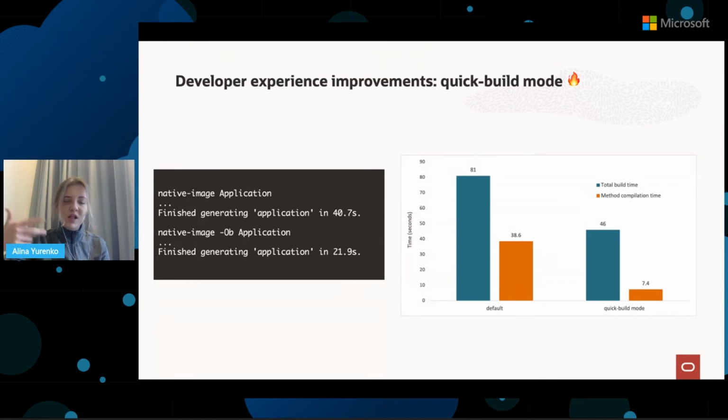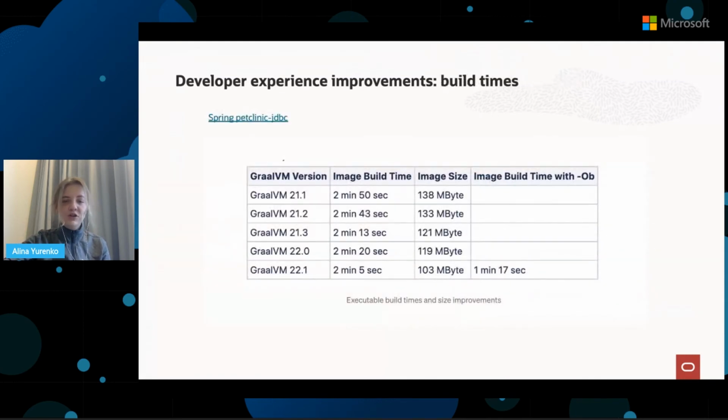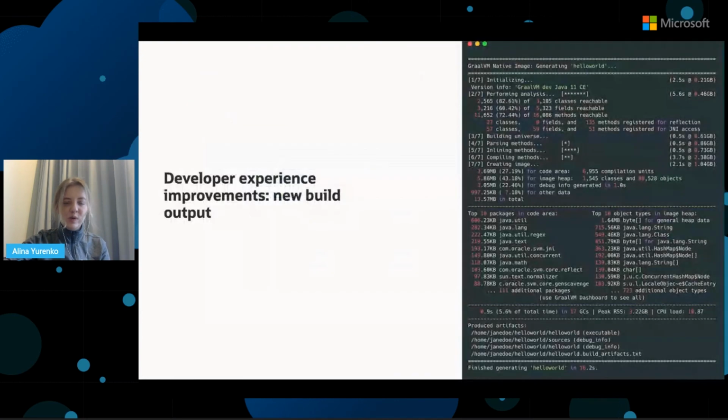But if you are still developing applications, for development purposes this quick build mode is great because you can get your builds to be much, much faster. And on top of that, we are also speeding up the default build times. We know that many people care about this, because you want your application to build faster, to get faster results, to move faster in your development process. So we are working on that as well.